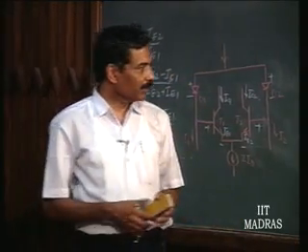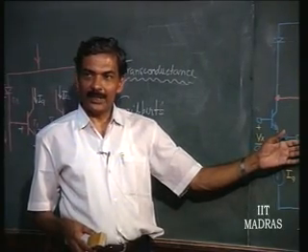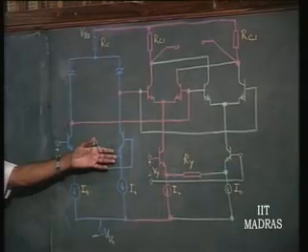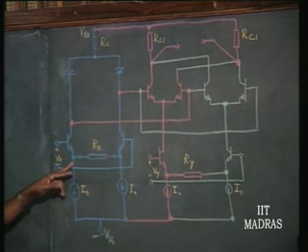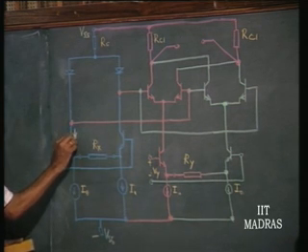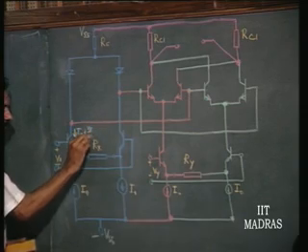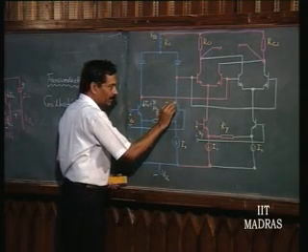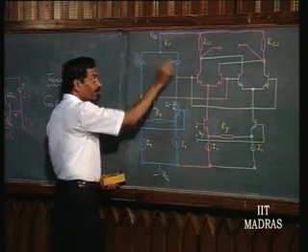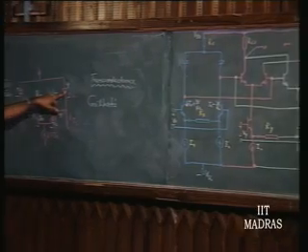For that I use a voltage to current converter with emitters connected by R x. You can see here this current is going to be I naught plus V x by R x, and this is I naught minus V x by R x, and these are flowing through these two diodes, which are similar to this. That is the cell.